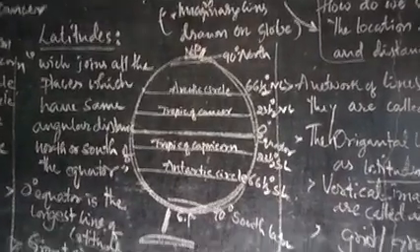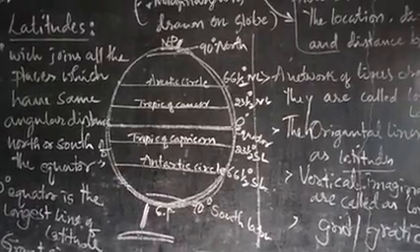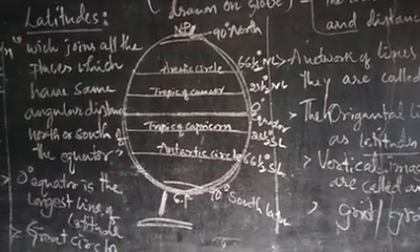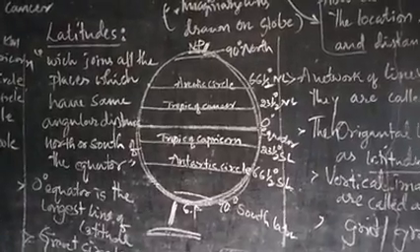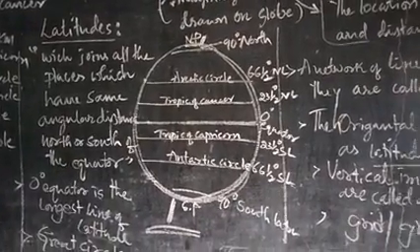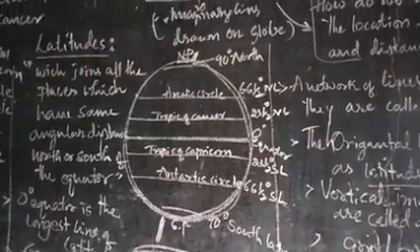See here is a picture of the globe where several important latitudes are marked. Number 1 is 0 degree latitude, called the equator or great circle, the longest of the lines of latitude.